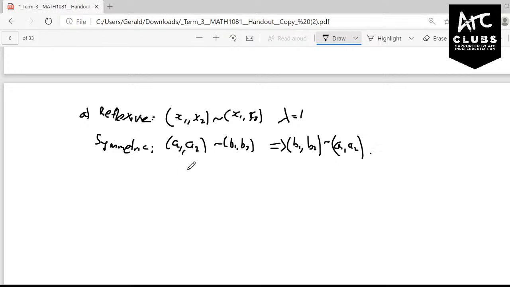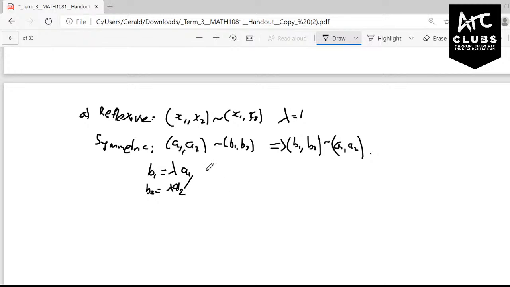And to do this, because we assume that A1, A2 is related to B1, B2, that means that we have B1 equals lambda A1 and B2 is equal to lambda A2, right?